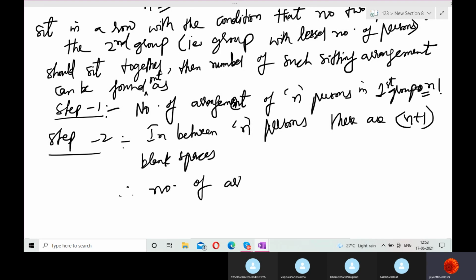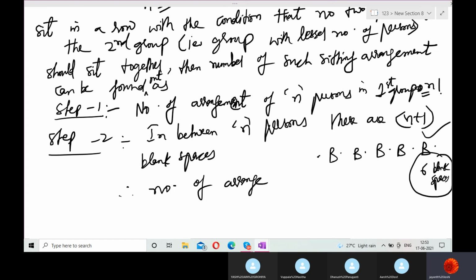Therefore, the number of arrangements. For example, there are 5 boys. So how many blank spaces are there? 1, 2, 3, 4, 5, 6. So there are 6 blank spaces. So n plus 1 blank spaces, correct? 5 plus 1.